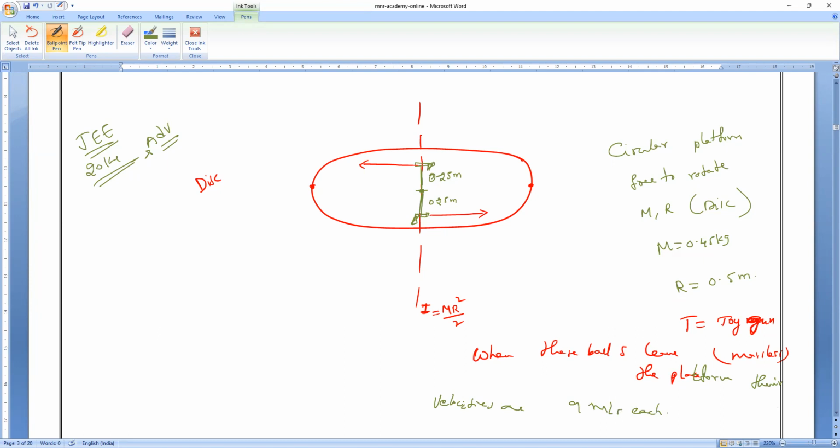Find the omega of the platform when the balls leave the disk. And one more thing I forgot: the mass of the balls is equal to 0.05 kg. That's all it is.